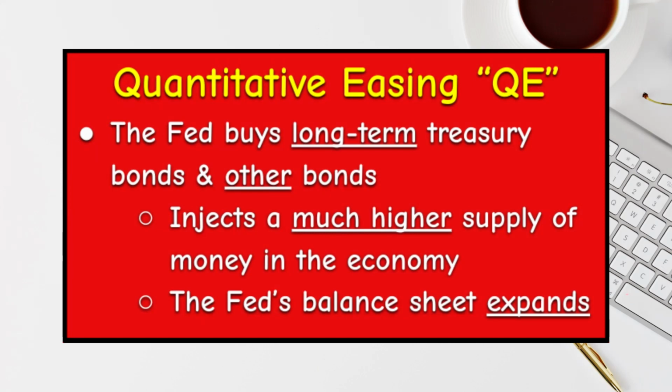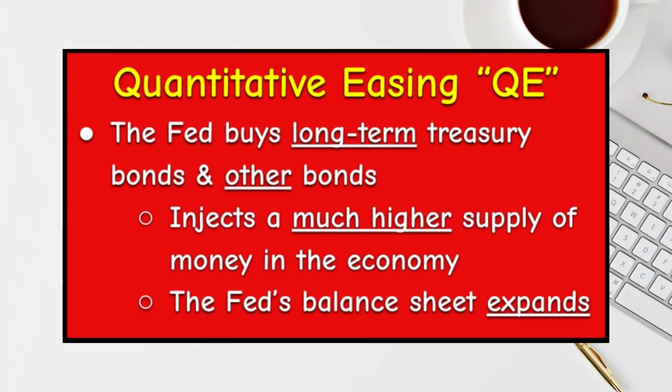This measure is called quantitative easing, or QE, which is a fancy term that just means the Fed purchased long-term Treasury bonds and other types of bonds that we'll discuss later, such as mortgage bonds. This injected a much higher amount of money into the economy than open market operations does.